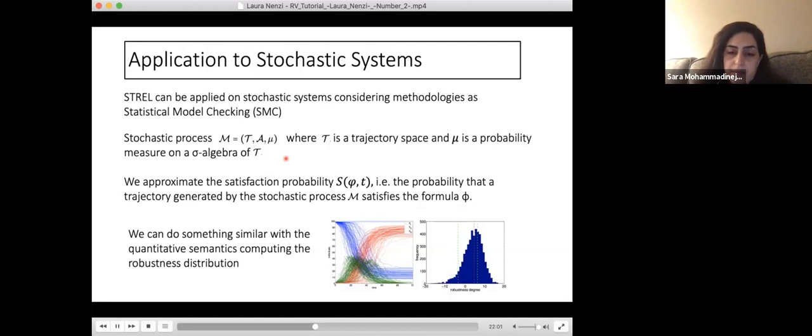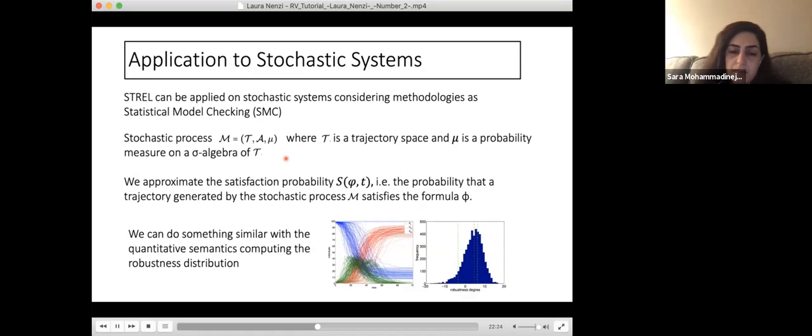That means the probability that a trajectory generated by the stochastic process satisfies the formula phi. In a similar way, but we are not going into detail, we can define a robustness distribution with respect to the quantitative semantics instead of the Boolean semantics.